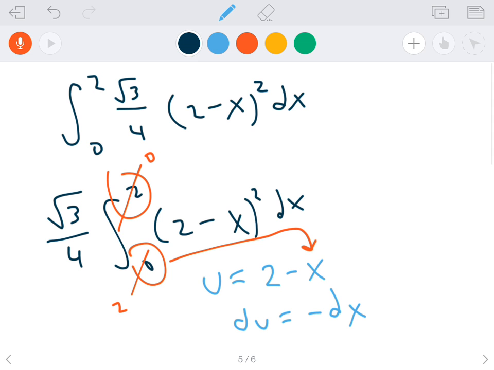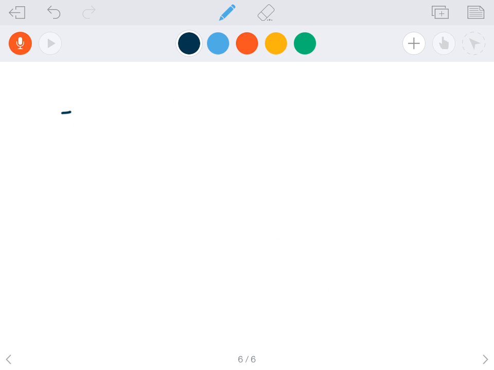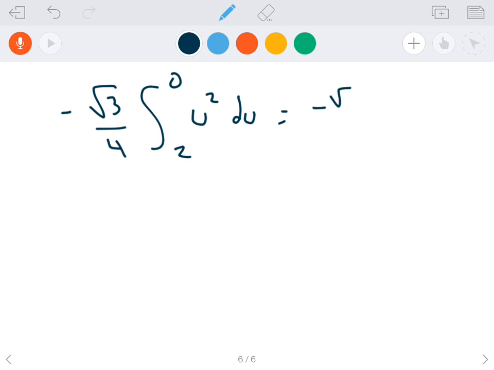So rewriting my integral, because of that, I have negative square root of 3 over 4, integral from 2 to 0, because I changed my limits, I don't have to go back to x now, of u squared du. You can go ahead and integrate. Carry my constant along, and that will be u cubed over 3, evaluated from 2 to 0.